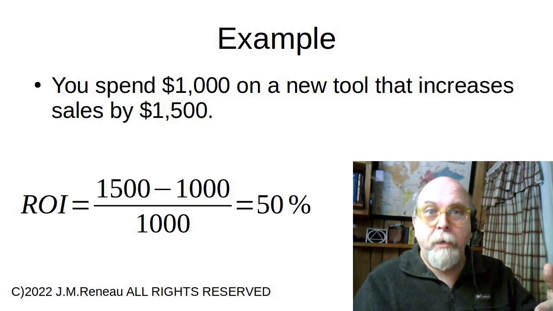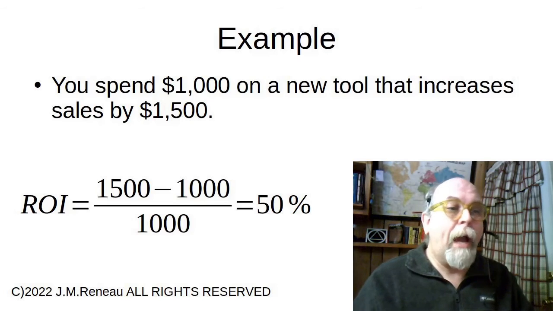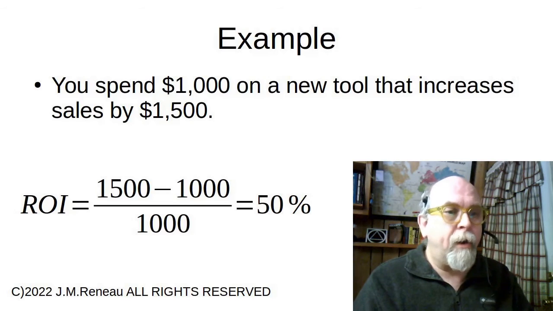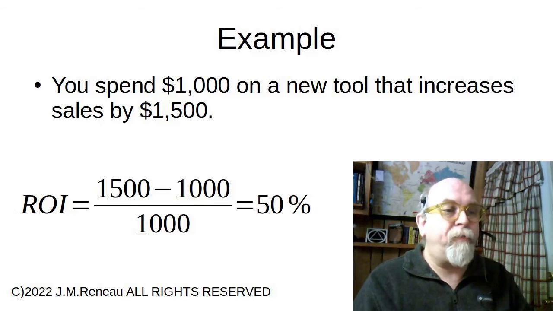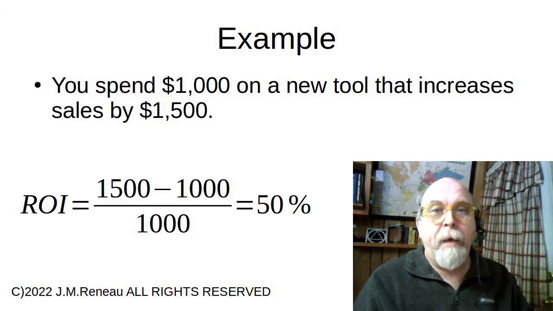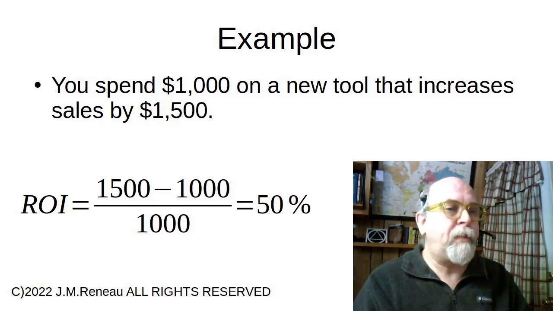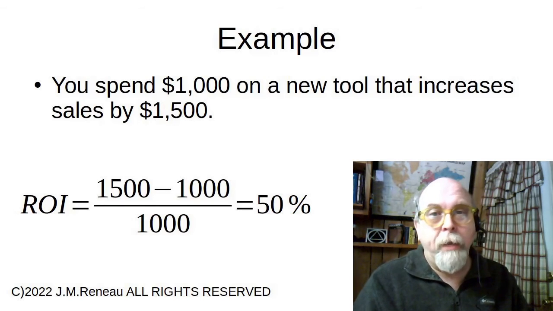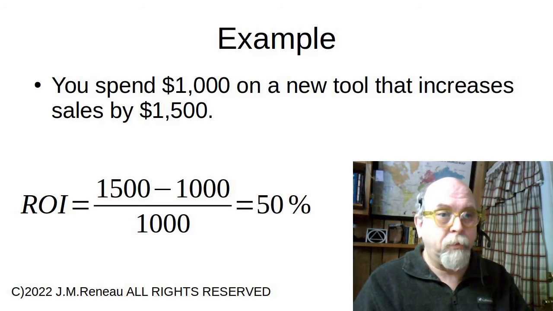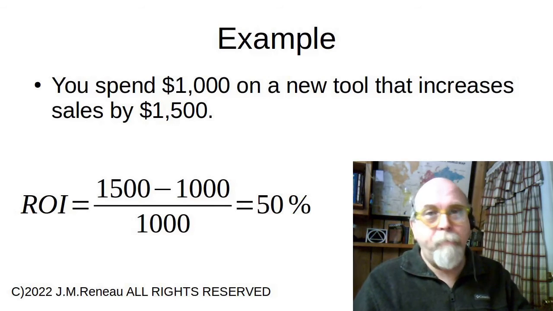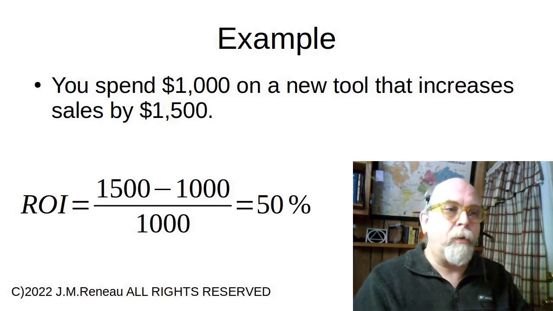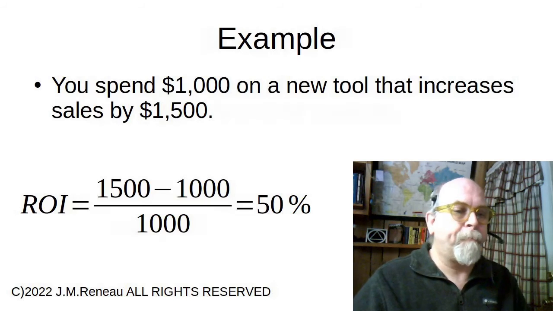The tool cost you $1,000, so our net profit or our net increase would be $500 divided by 1,000, which would be 0.5 or 50%. So to spend $1,000 on a tool that increases your sales by $1,500 of new sales, that's a no-brainer, right? You invest $1, get $1.50 back. It's a great investment. Return on investment, ROI.